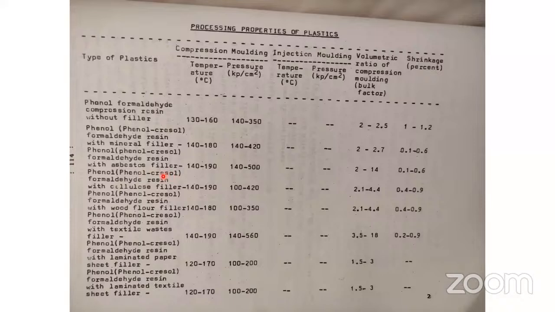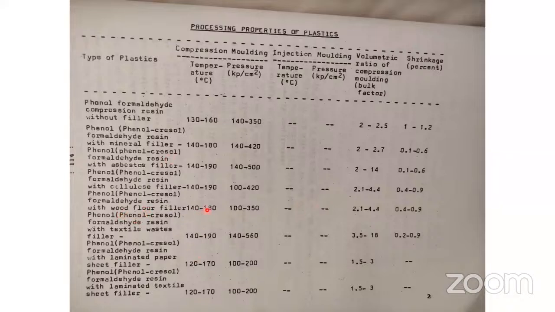By adding this asbestos filler, see here, the temperature increases, the pressure required is also high, and the bulk factor goes on increasing. And see here, the shrinkage is reduced.